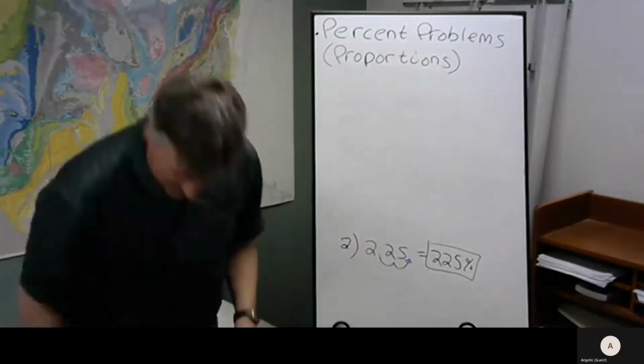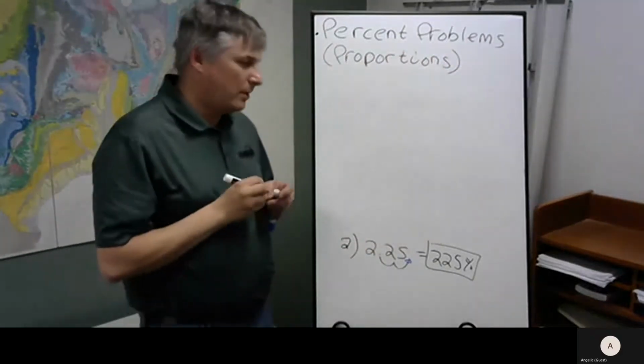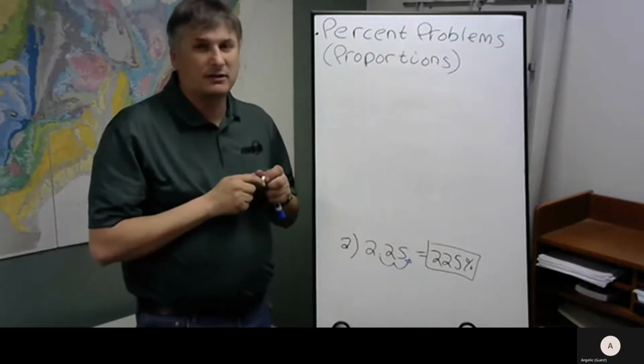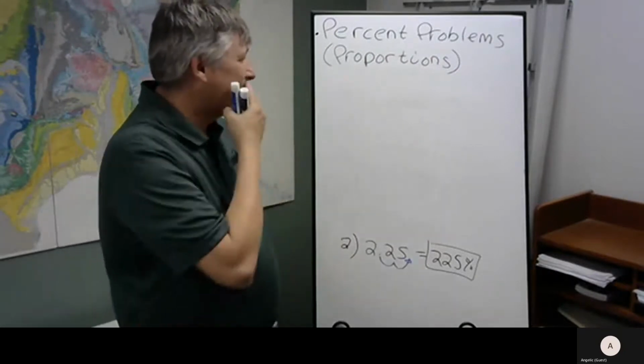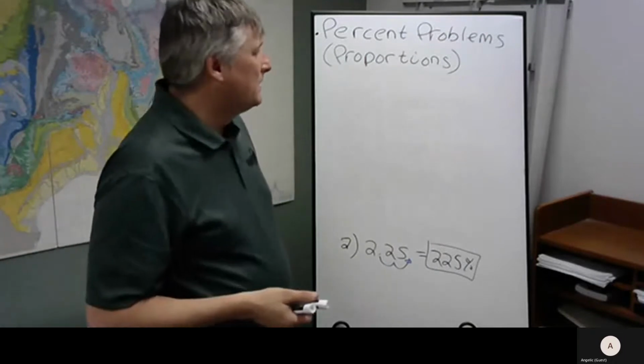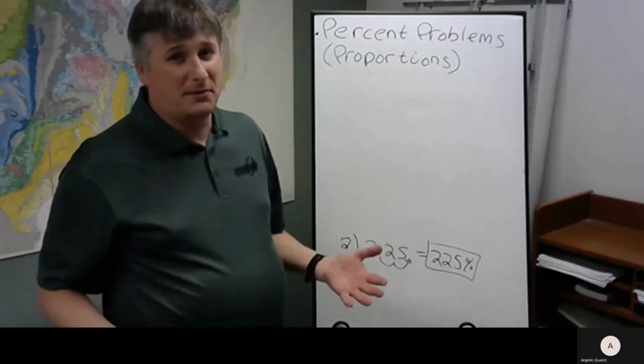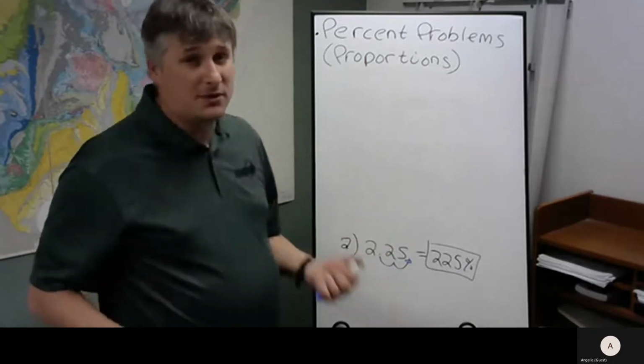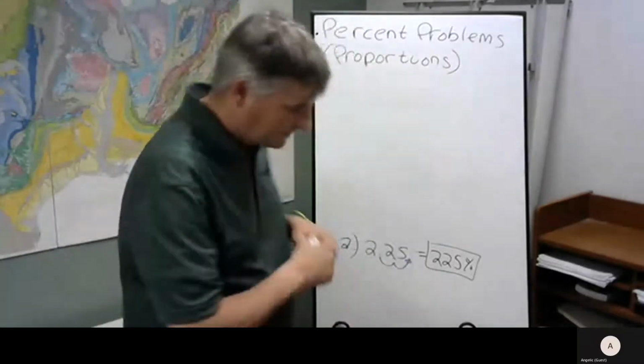So this is where those equations we had in section 9.2 with proportions, this is where these become pretty powerful. We can solve these the same way. The issue we're going to run into is how to set them up. And we're going to use this formula.